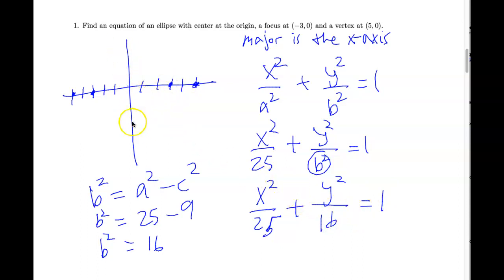So on the minor axis, you're going to have 0, 4, and 0, negative 4. And so the ellipse, just doing our sketch, would look like this. Alright, so that's this problem, and let's work on another one in the next video.